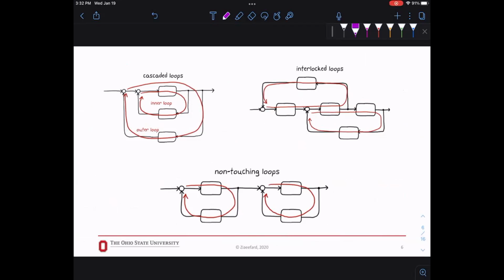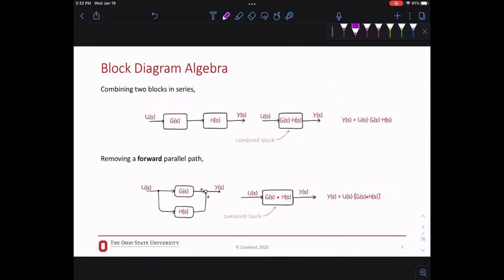And you also have non-touching loops. Some of them you can remember from 2020, you had the same things, I think, like loops and branches. And yeah, I know 2020 is not the best memory, but there are 3 kinds of loops. When we are combining them, it's important which one they are.